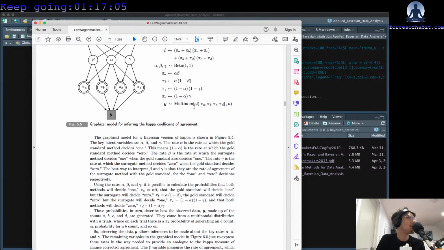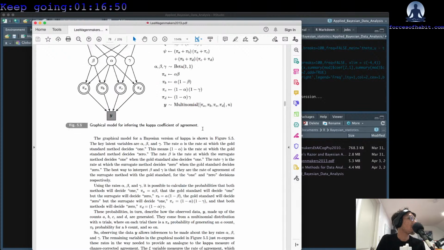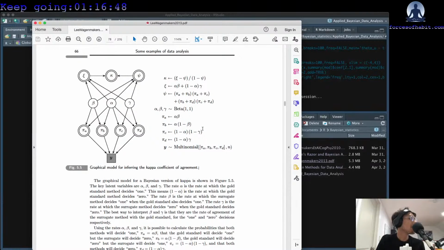The y is a multinomial distribution, these 4, and then the number of observations. And this is the expected, and this is the observed, and this is Kappa.